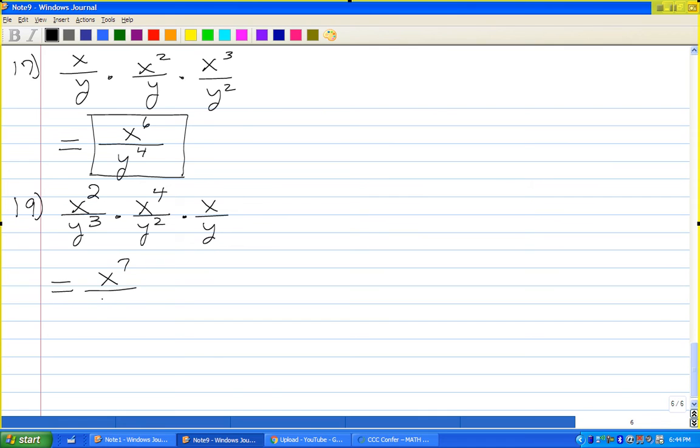I have the same base y, add exponents. 3 plus 2 plus 1, 6. So x to the 7 divided by y to the 6.